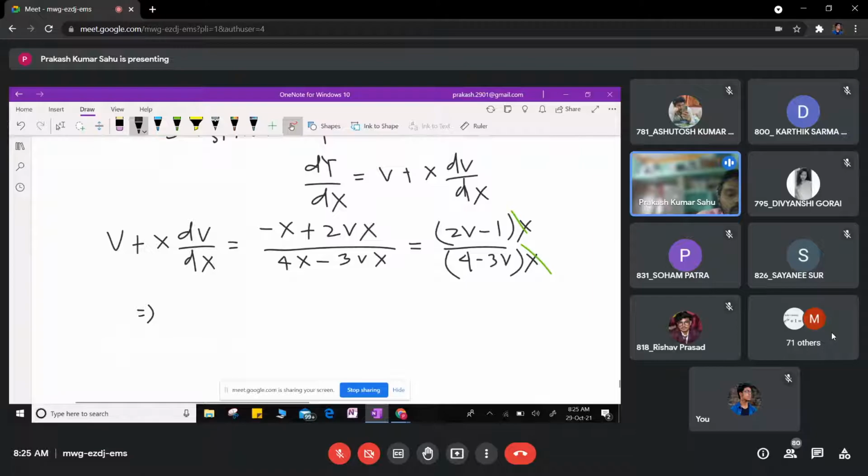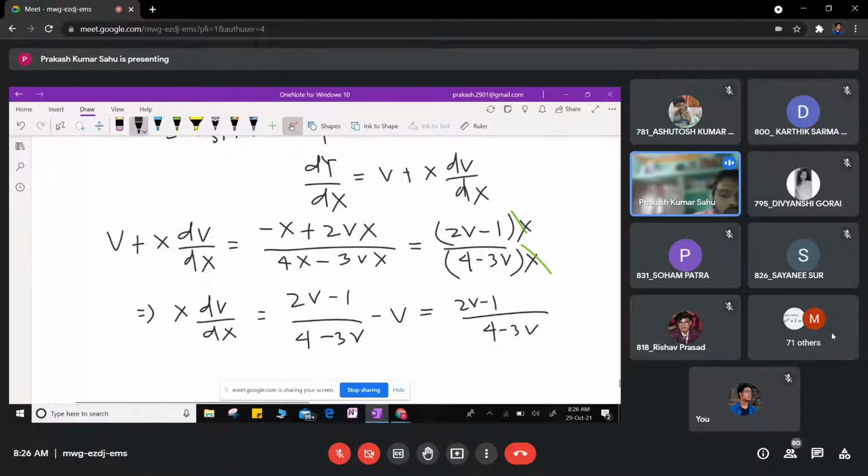again you see, that implies x dv by dx is equal to this, and plus v comes to the right hand side, this will be minus v. So if you simplify, your LCM will be 4 minus 3v. And this is 2v minus 1, minus 4v plus 3v square.